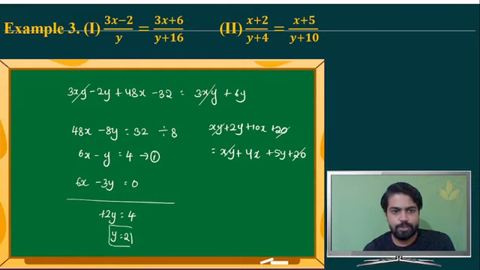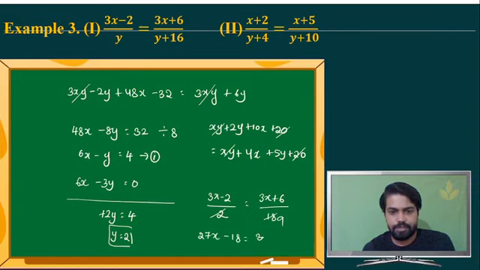So if y is equal to 2, I can substitute in any of the easy equations. I'll go for the first equation only. So 3x minus 2 by 2 is equal to 3x plus 6 divided by 16 plus 2 is 18. So I get 27x minus 18 equal to 3x plus 6.